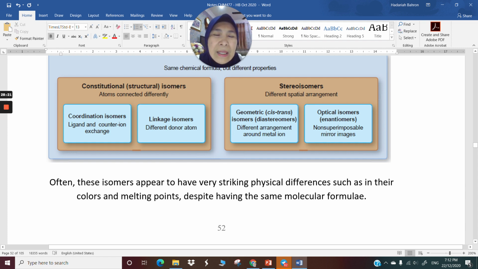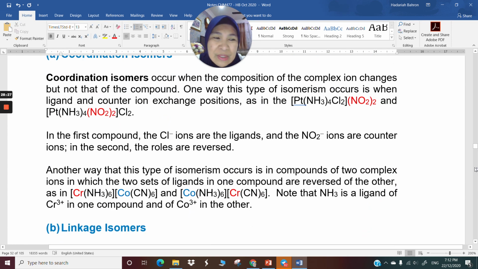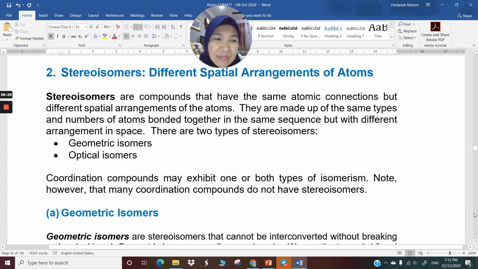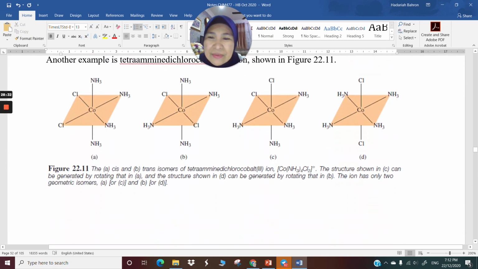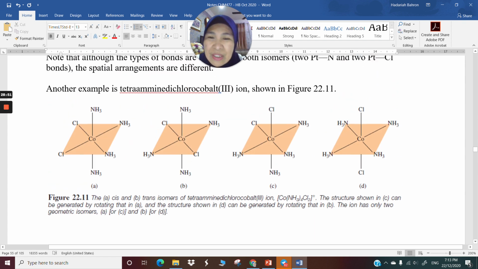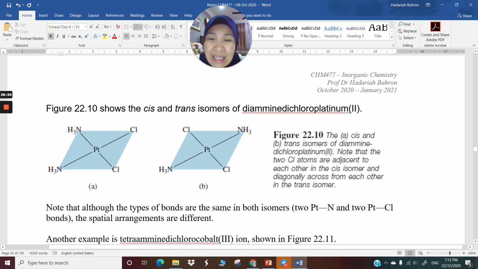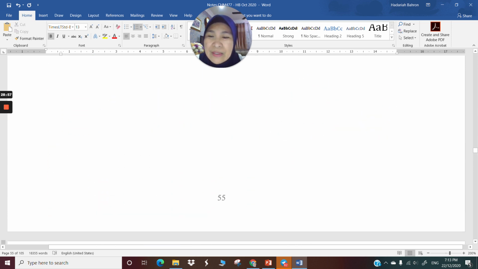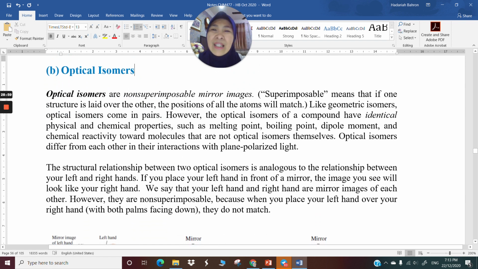Optical isomers have enantiomers, whereas geometric isomers have diastereomers. So what do I mean by that? These two are diastereomers to each other. A is a diastereomer of B, and B is a diastereomer of A. A and C are the same, B and D are the same. So these are diastereomers.